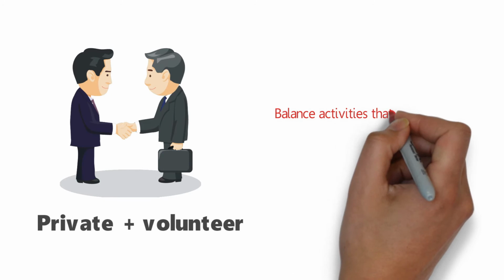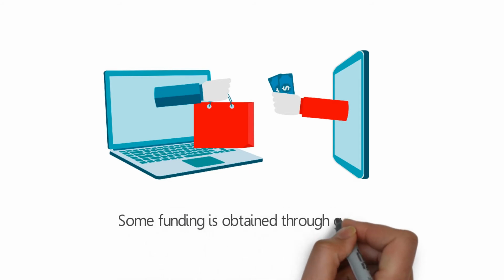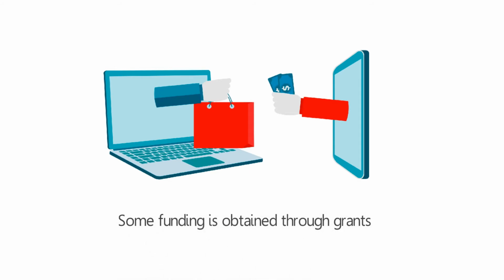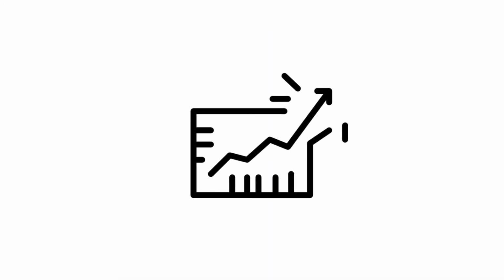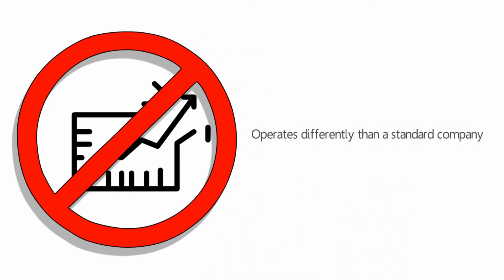They seek to balance activities that provide financial benefits with social goals, such as providing housing to low-income families or job training. Funding is obtained primarily by selling goods and services to consumers, although some funding is obtained through grants. Because profit maximization is not the primary goal, a social enterprise operates differently than a standard company.